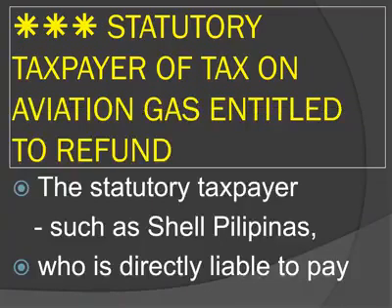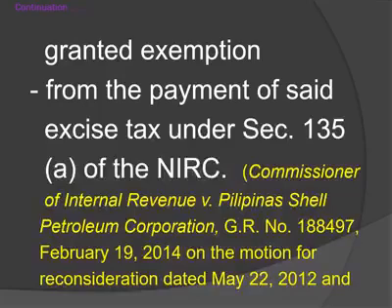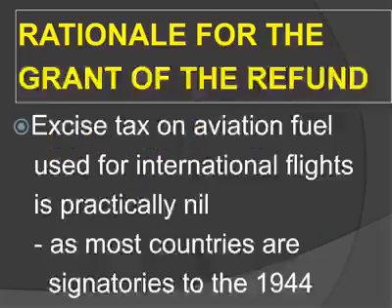So, the statutory taxpayer, such as Shell Pilipinas, who is directly liable for the excise tax on its petroleum products, is entitled to a refund or credit of the excise tax it paid for petroleum products sold to international carriers. The latter have been granted exemption from the payment of the excise tax under Section 135 of the NIRC. So take note of the case citation here.